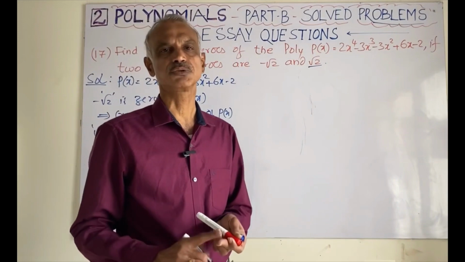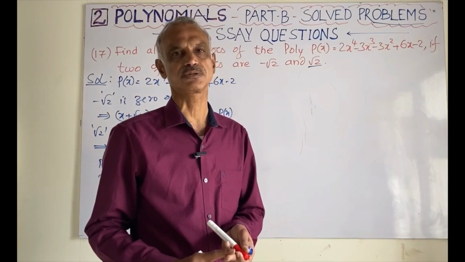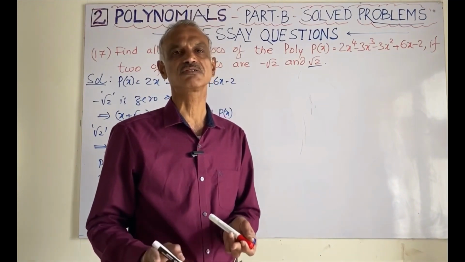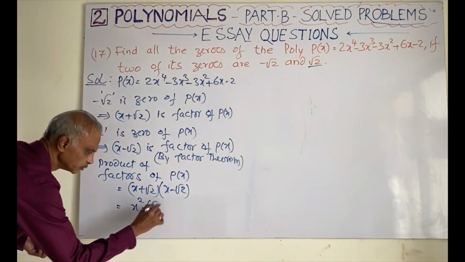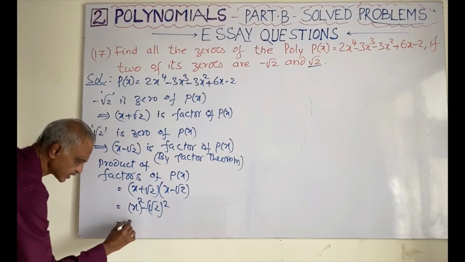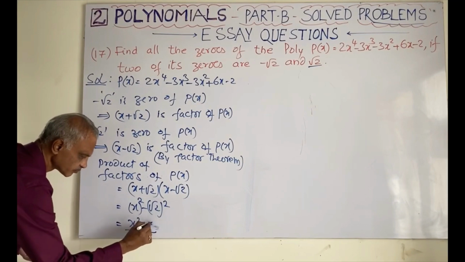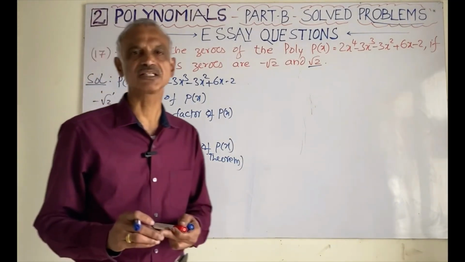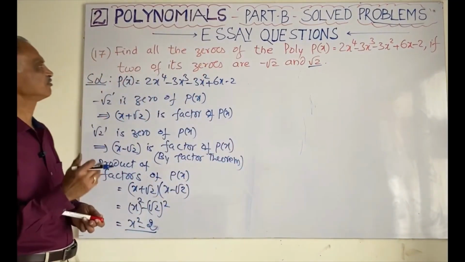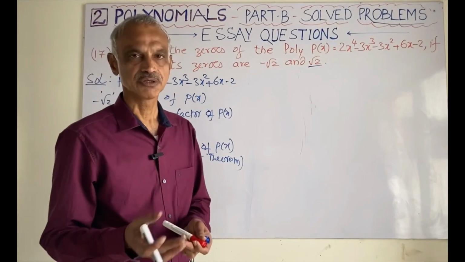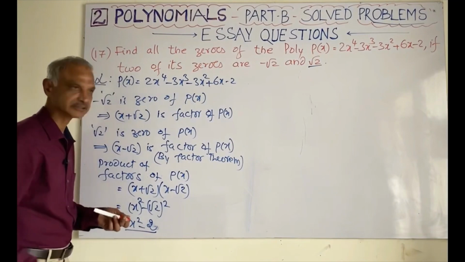Like a plus b into a minus b is a square minus b square, it is x square minus root 2 whole square, which means 2. x square minus 2 is the product of the factors. Now, to get the other zeros, we have to divide this polynomial by x square minus 2.